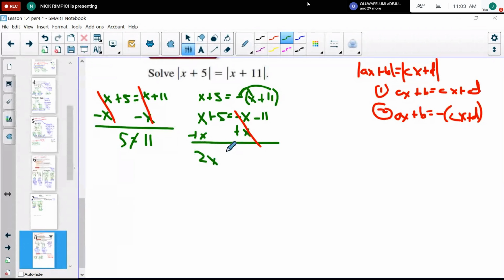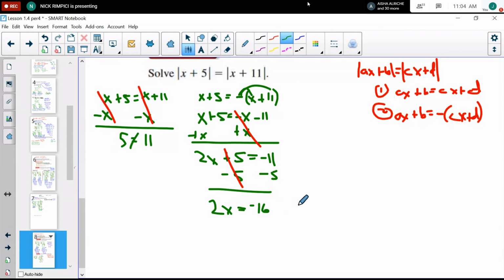Bring the plus 5 down, and then bring the negative 11 down. Since I did it this way, now I don't really have a choice anymore. I have to get the 2x by itself. So I'll subtract 5 from each side of the equation, and that allows these to cancel. And then I can say 2x equals negative 16.